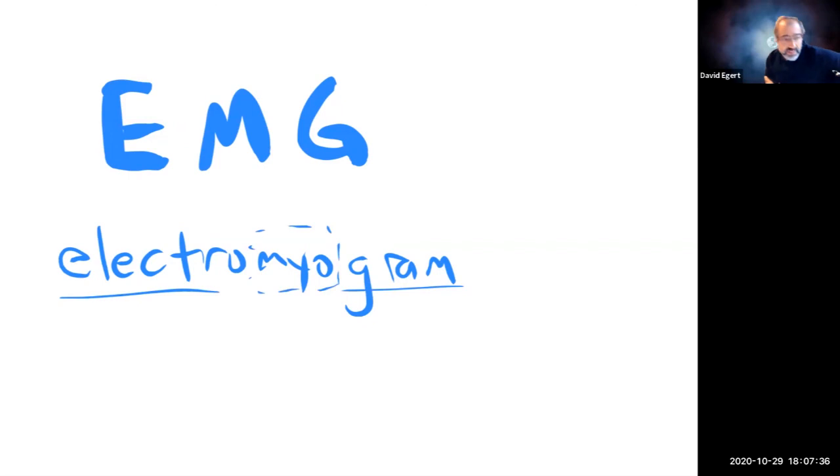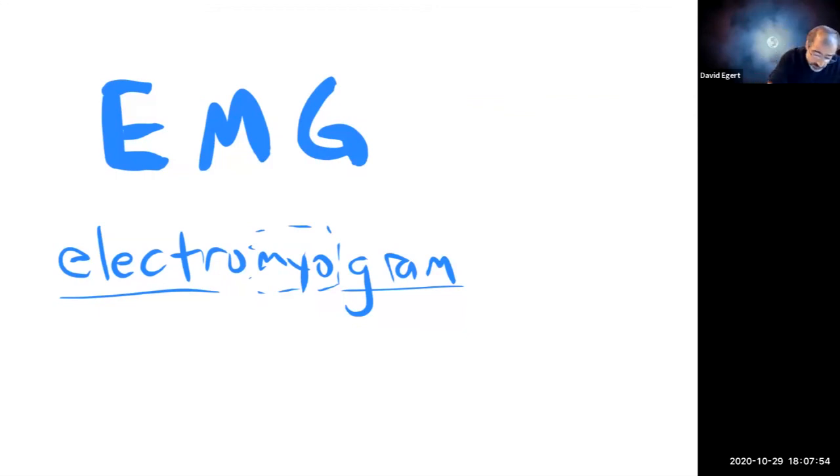Electromyogram. Myo is just muscle. As your muscles contract, there are big action potentials going across the sarcolemma, and you can measure those voltages on the skin. They're used in research a lot, and they can be used clinically as well.